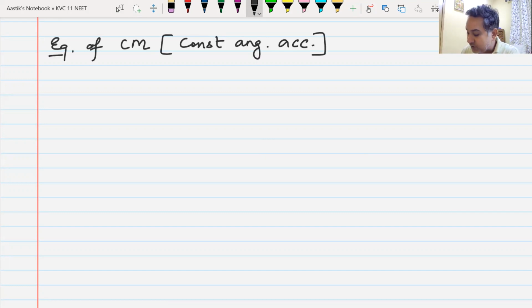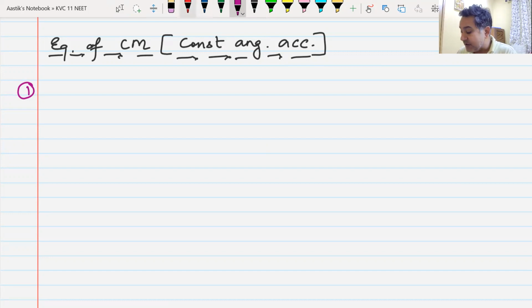If the acceleration is constant, what will be your first equation? Remember, whenever we are using these equations, we are using a sign convention. Anti-clockwise is taken as positive and clockwise is taken as negative.